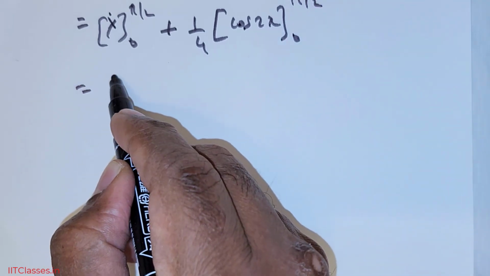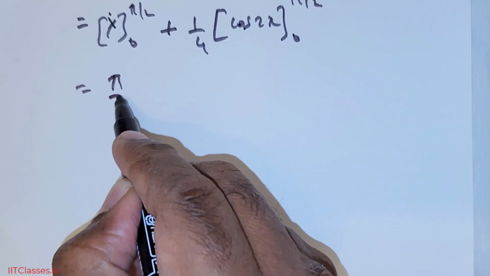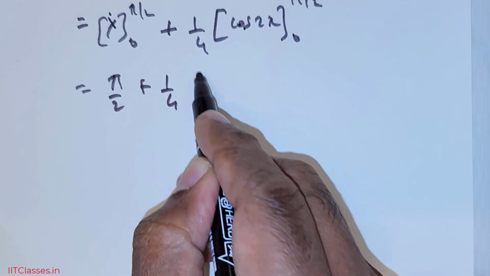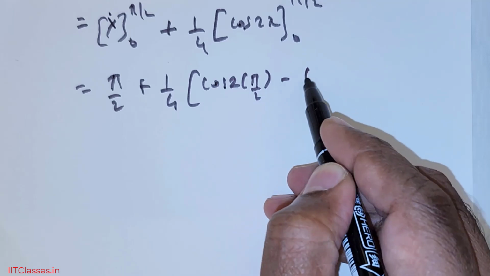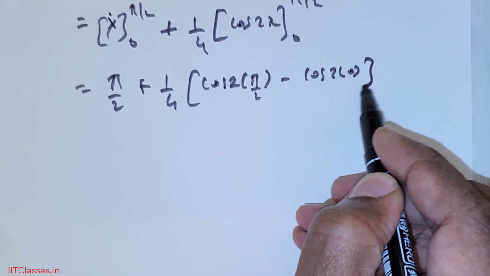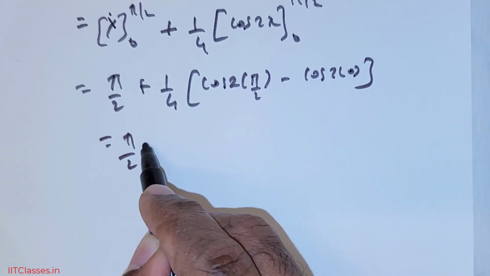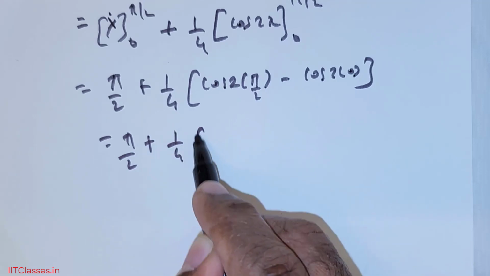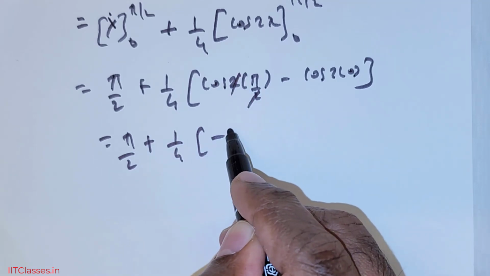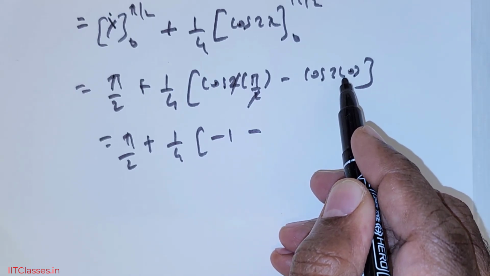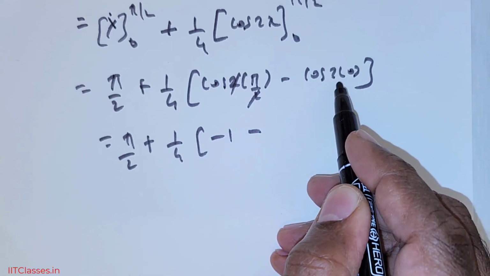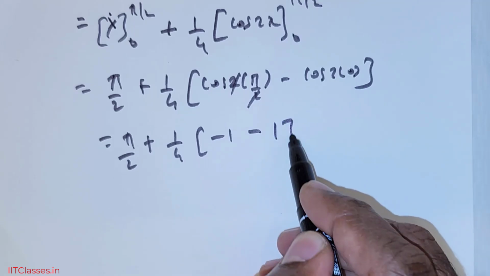So I apply the limits, I get pi over 2 plus 1 over 4 times cos 2 times pi over 2 minus cos 2 times 0. So this will be pi over 2 plus 1 over 4. The 2 gets cancelled, cos pi is negative 1. This is cos 2 times 0, that's going to be cos 0, that's going to be 1.